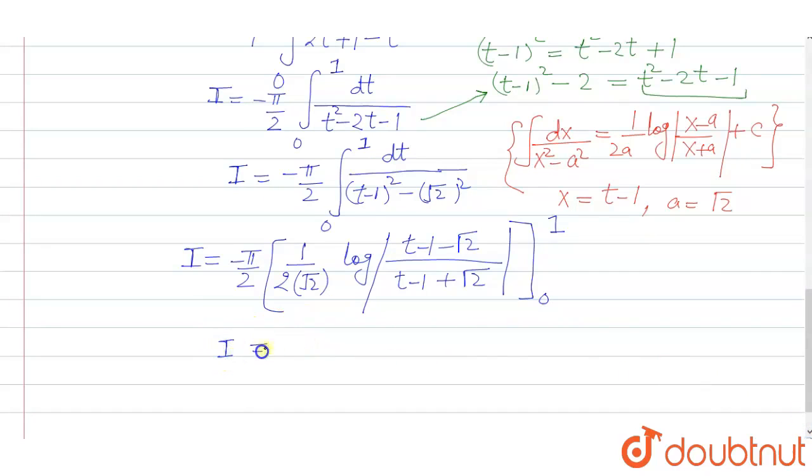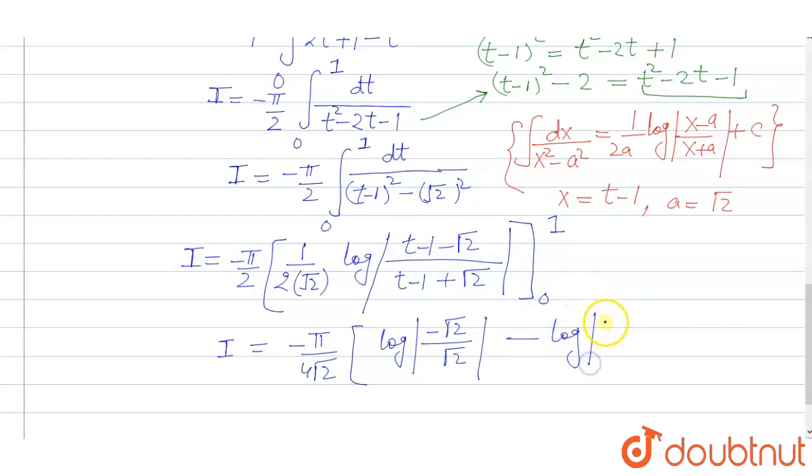Solving further, we get minus pi by 4 root 2, 2 into 2, 4, and inside we have log of, putting 1, we get minus root 2 divided by plus root 2, minus, putting 0 in place of t, we get log of minus 1 minus root 2 divided by minus 1 plus root 2.